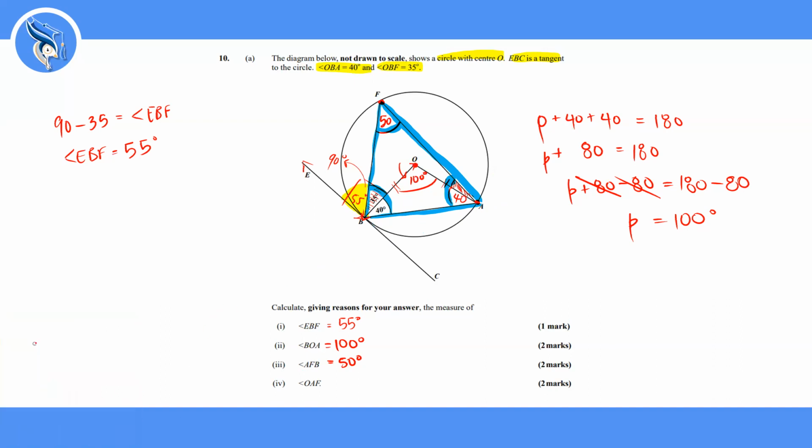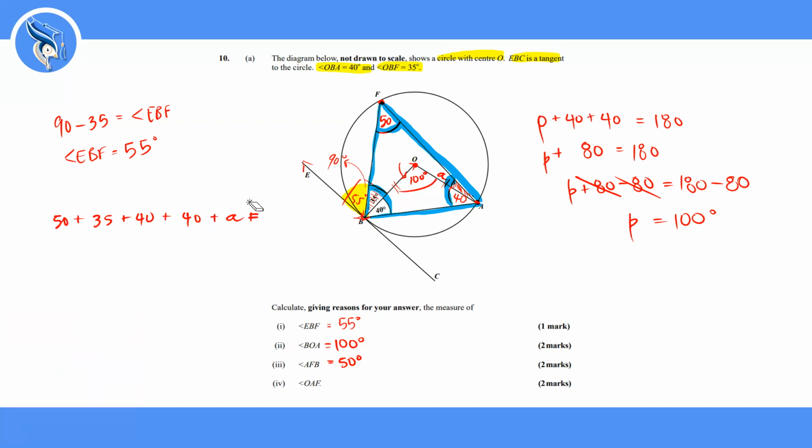So if I write it out, I'm starting from the top here. 50 plus 35 plus 40 plus 40 plus the unknown. I'll write A for the unknown, this little one right here, should all add up to 180.